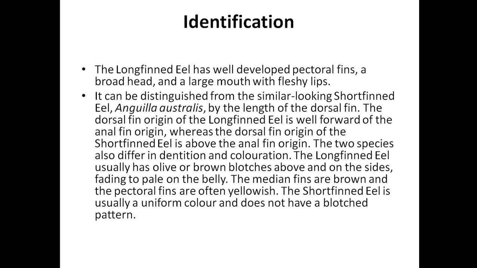There's also one more fish, the eelfish, that is popularly known as the long-finned eelfish. This long-finned eelfish has well-developed pectoral fins, a broad head, and a large mouth with fleshy lips.